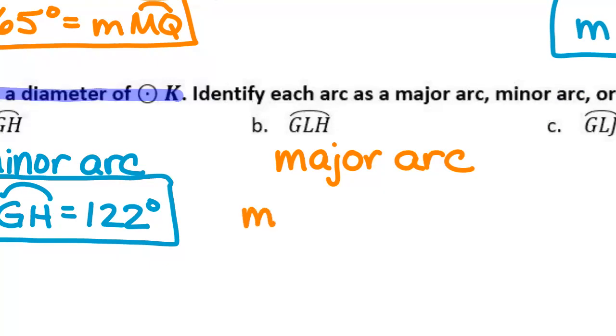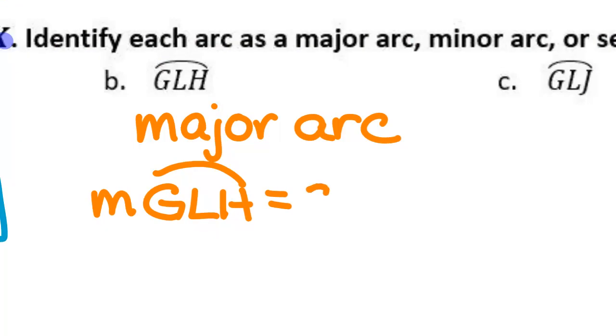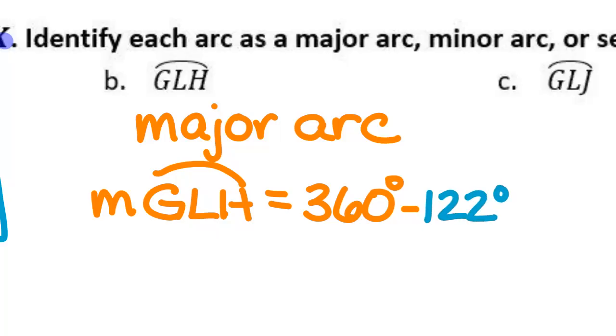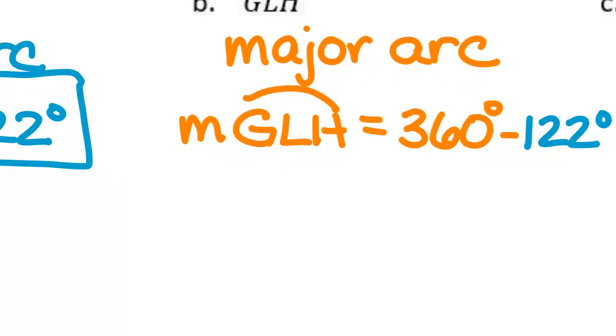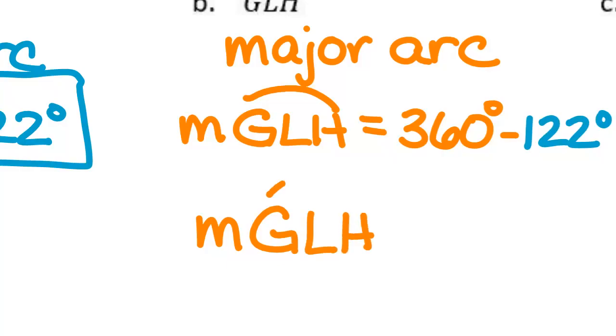And how would I find the measurement of arc GLH? Yep, 360 minus 122 degrees is absolutely correct. What is 360 minus 122? 238.